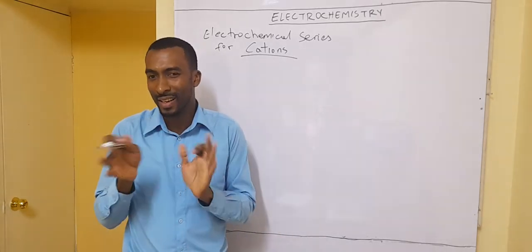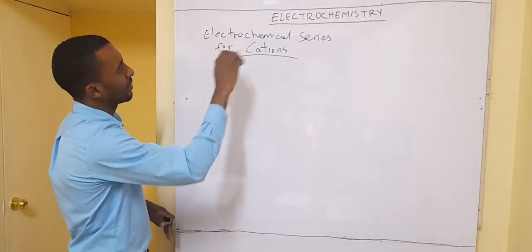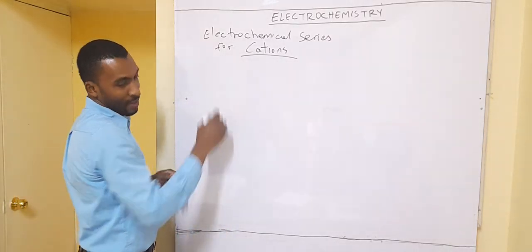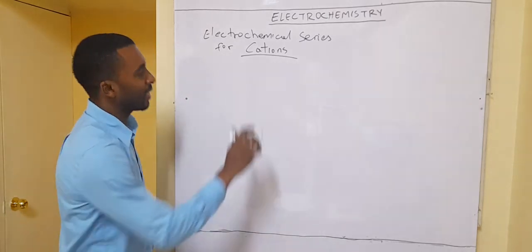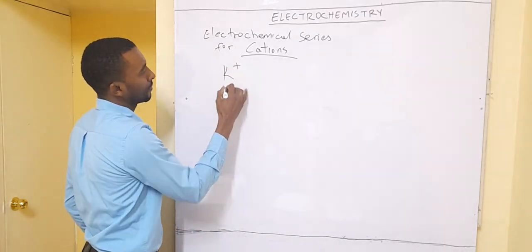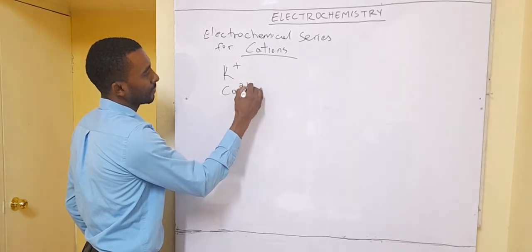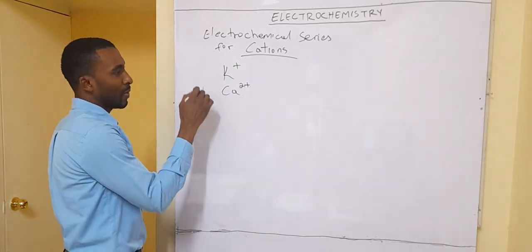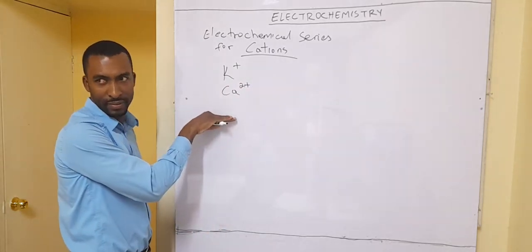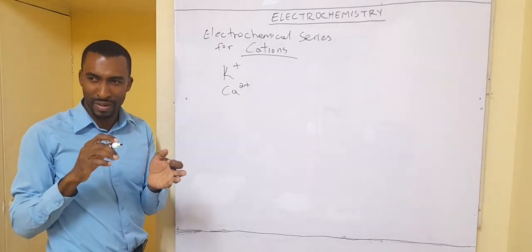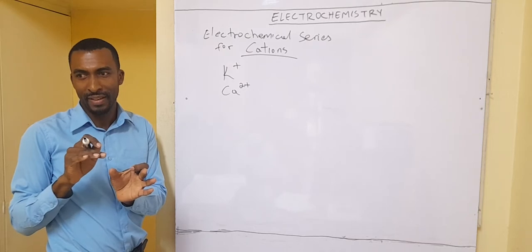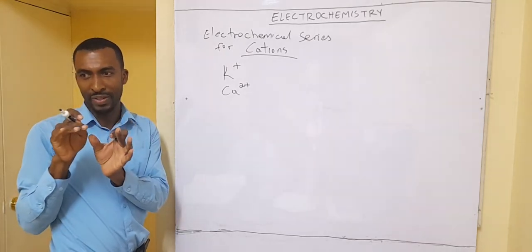It's not exactly the case here. So the highest metal here is potassium, calcium. It seems that it's group 1, group 2 in period 3, if you want something to remember. So group 1, group 2, period 3, then group 1, group 2, period 2.